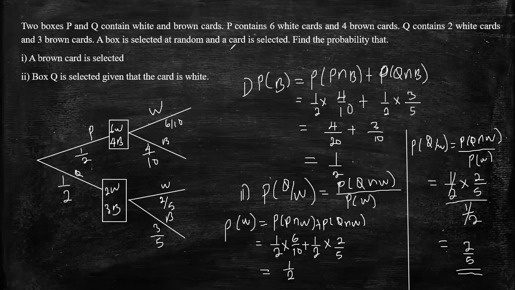So when you're picking from that bag, there are only two options. You either pick a Q or you pick a P. So the probability of picking one of them is going to be 1 out of the total, which is 2. So that is where we are getting a half and a half.